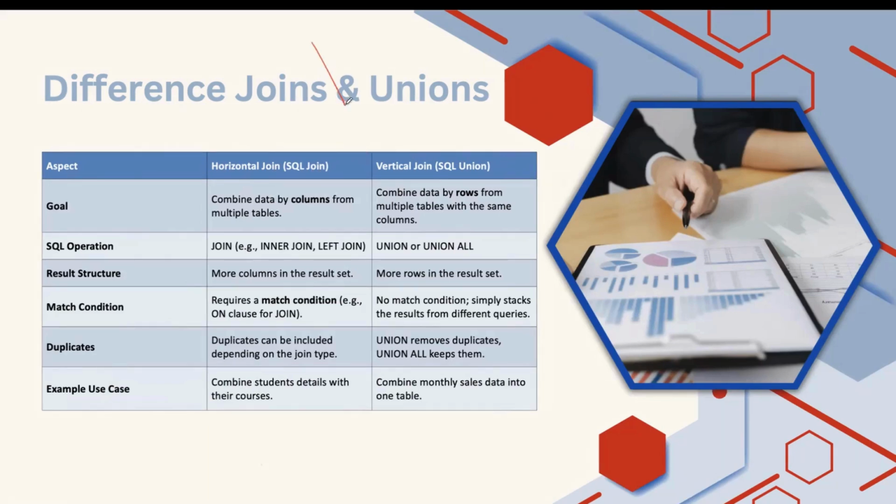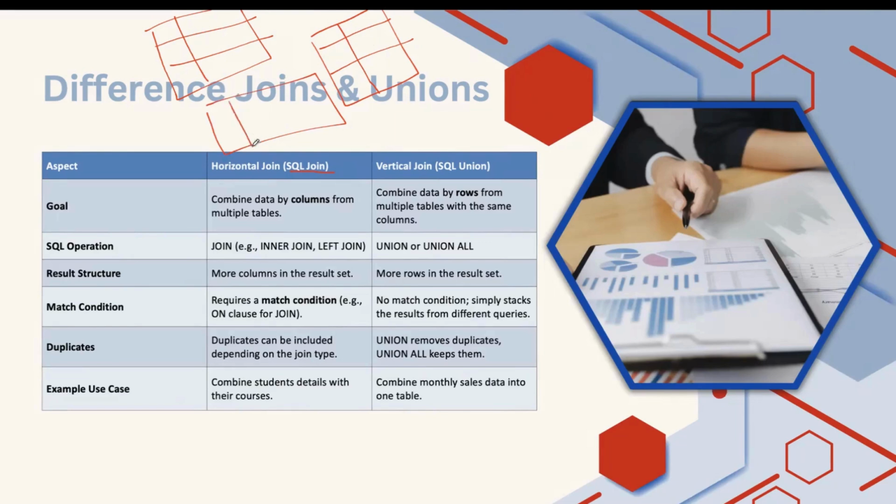For example, these are my two tables. One has rows and columns, and another table also has rows and columns. Now, in the SQL join, our result should be like this, with 4 columns.